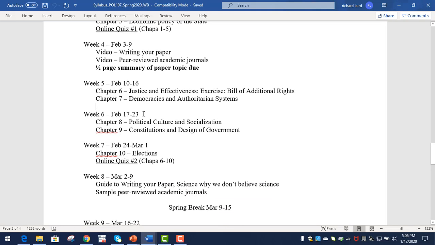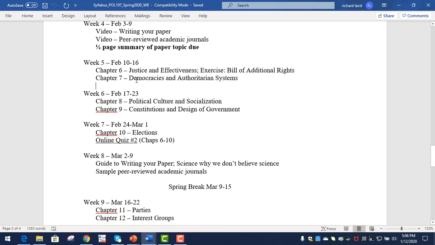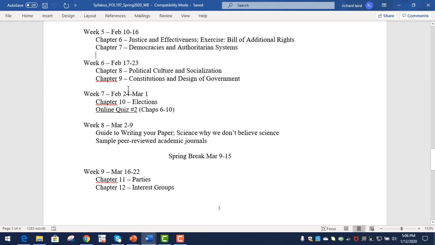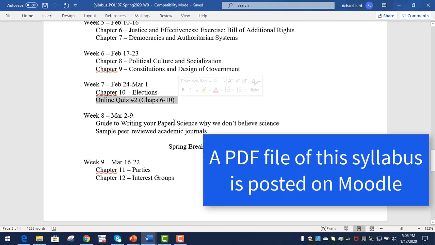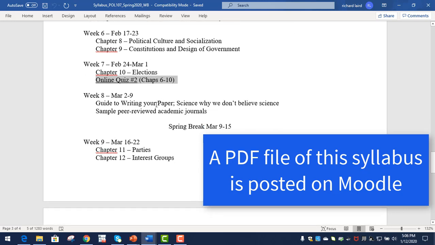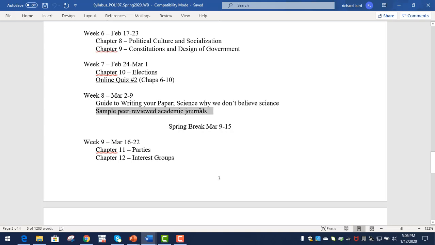So here's the rest of the schedule as far as the chapters we'll be covering on those various weeks. In week 7, we're looking at online quiz number 2, covering chapters 6 through 10. On week 8, we'll be talking a little bit more about scientific analysis as far as analytical writing.